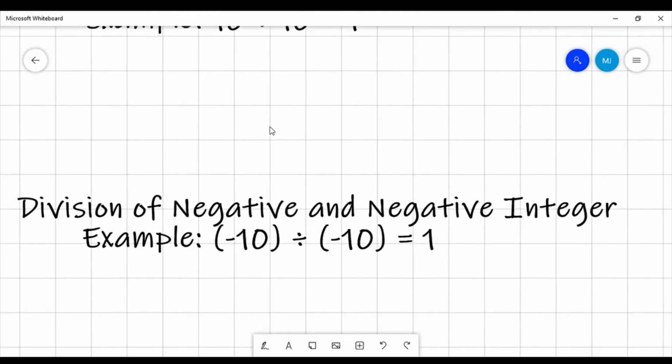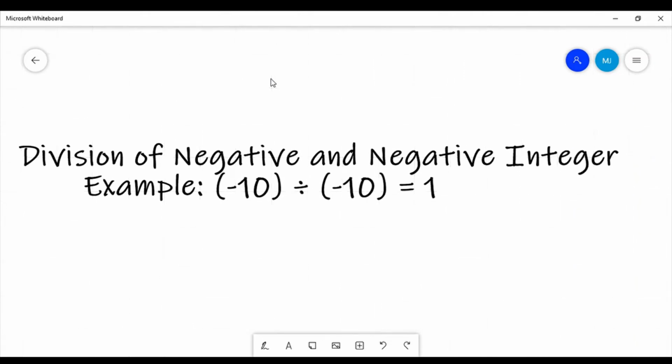Moving on, the division of negative and negative integer. In division of negative and negative integer, we're just going to divide the number, and then the result is always positive.